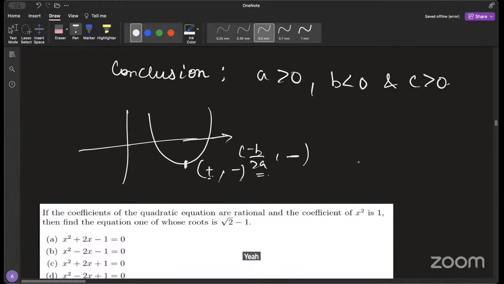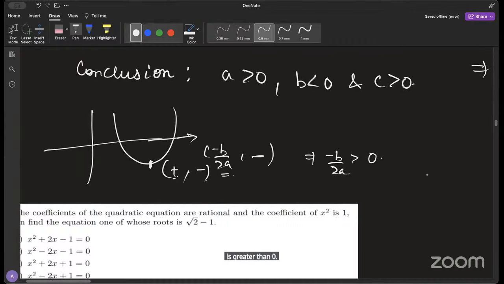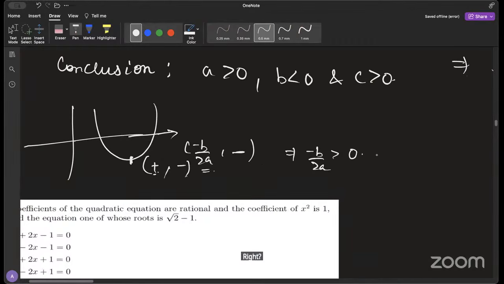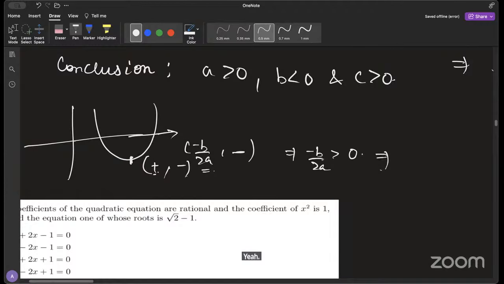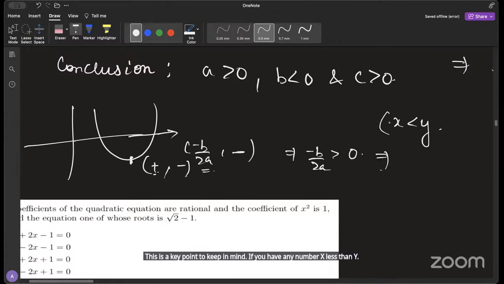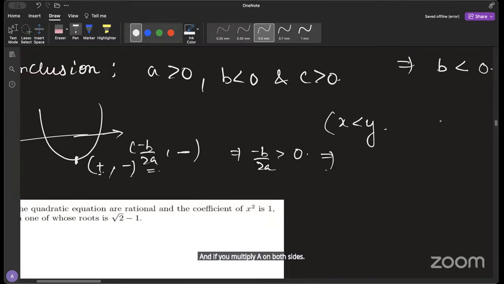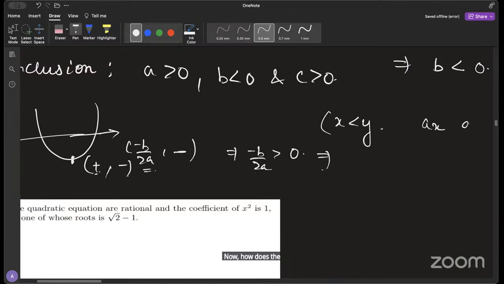That means minus b by 2a is greater than 0, right? Now, if your minus b by 2a is greater than 0, and we already know that a is greater than 0, right? So this is a key point to keep in mind. If you have any number x less than y, and if you multiply a on both sides, how do things change if I multiply ax and ay?